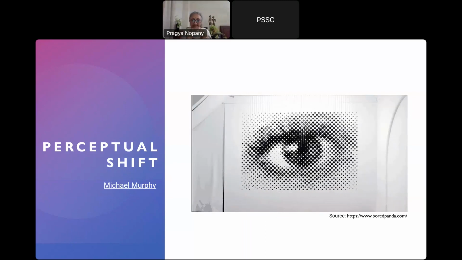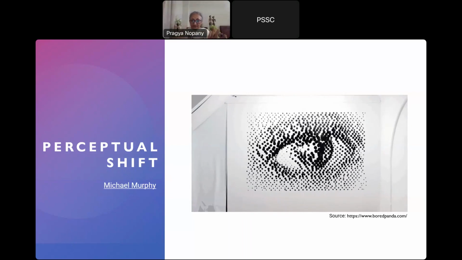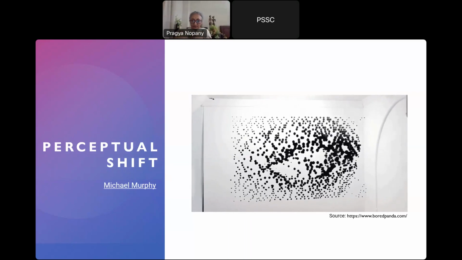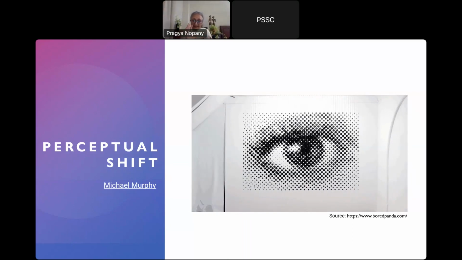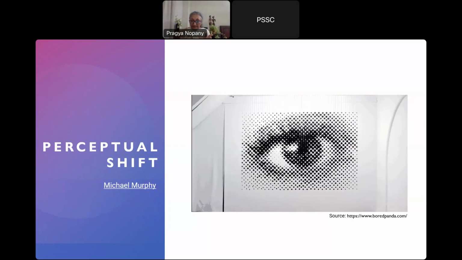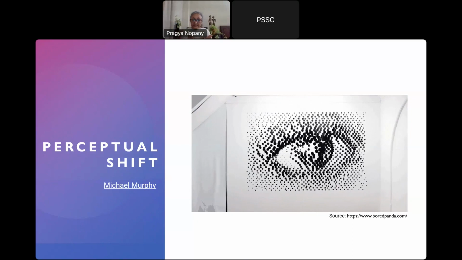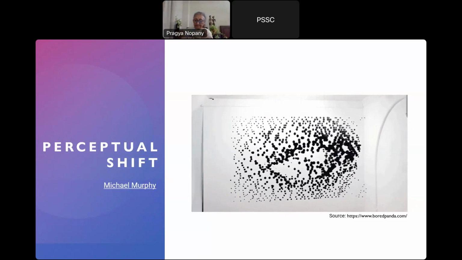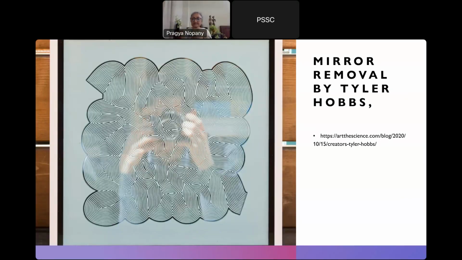And this is creating a perceptual shift actually from 3 dimension to 2 dimension, because your arrangement is 3 dimensional but it looks 2 dimensional. So this is an art by Michael Murphy. Then next is mirror removal by Tyler Hobbs.